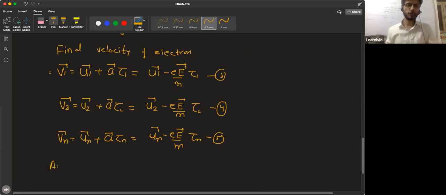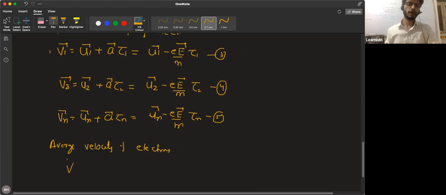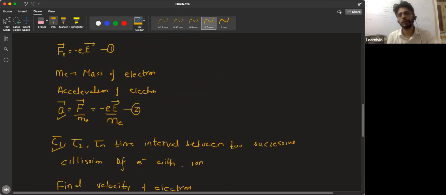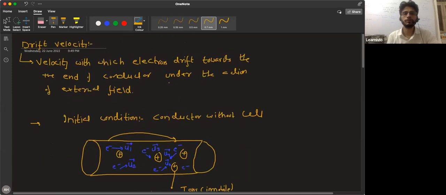So the average velocity of electrons, V average, is V1 plus V2 up to Vn divided by n. Take individual velocities and then average. So, okay, just note it down up to here, then we'll write it further.